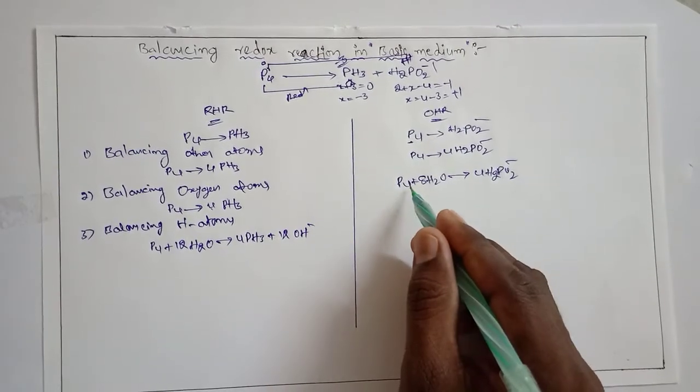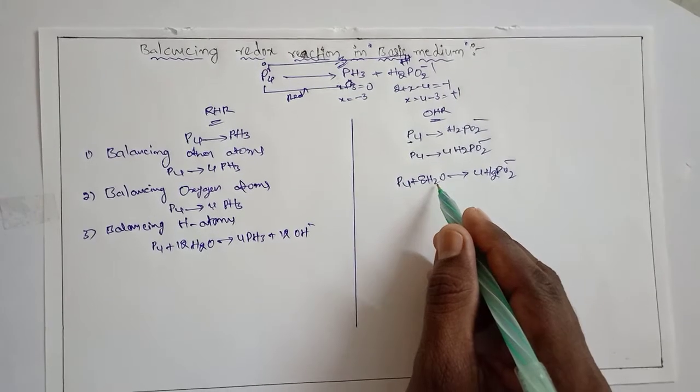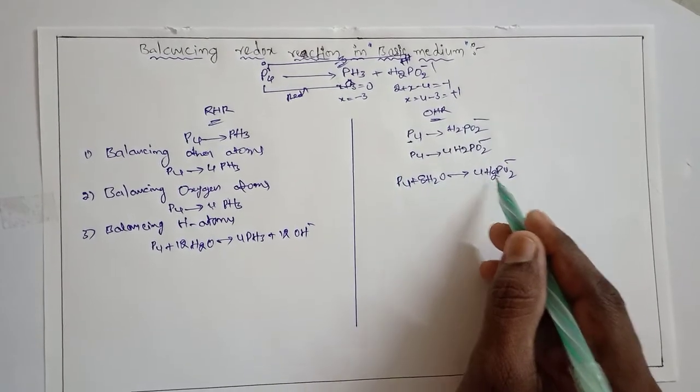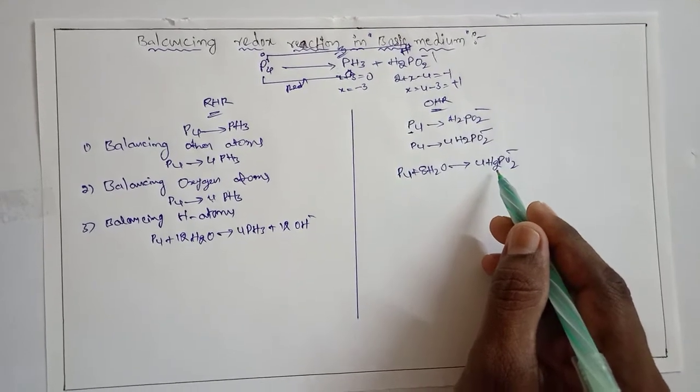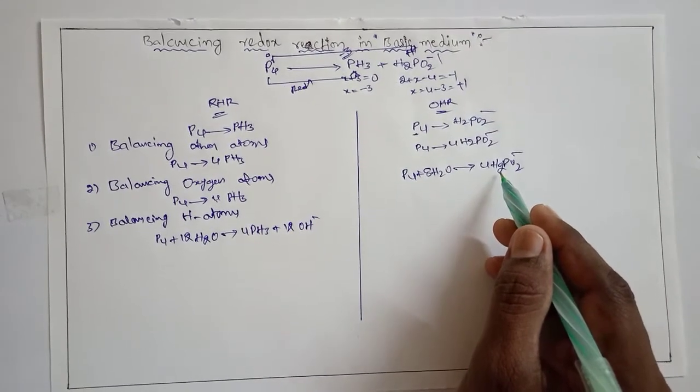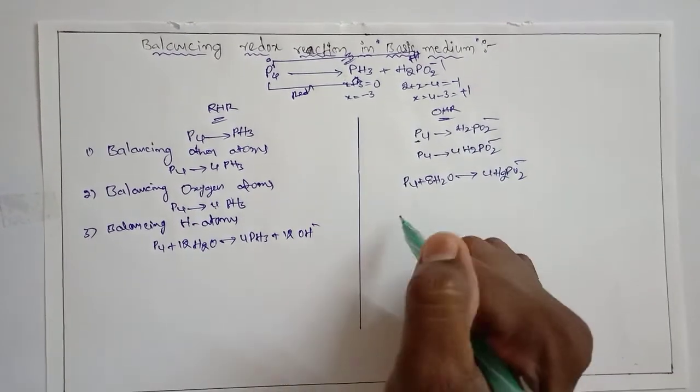Here 8 × 2 = 16 hydrogen atoms are present on the left, and 4 × 2 = 8 hydrogen atoms are present on the right. So 8 hydrogen atoms are deficient on the right side of the oxidation reaction, so we add 8 water molecules.